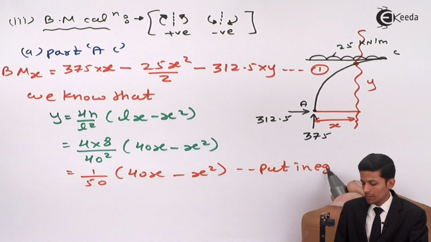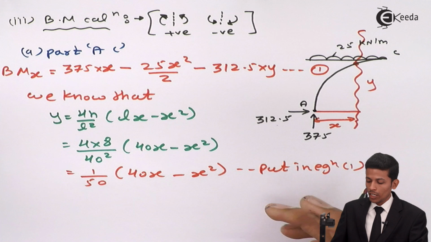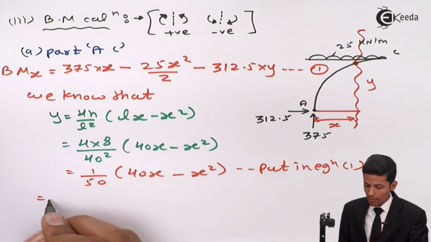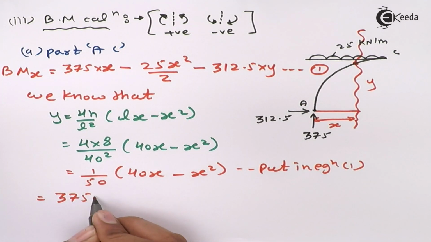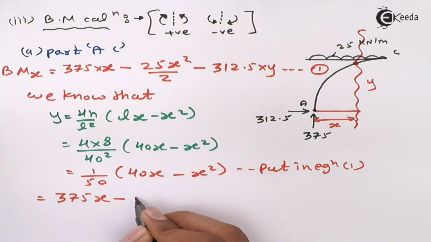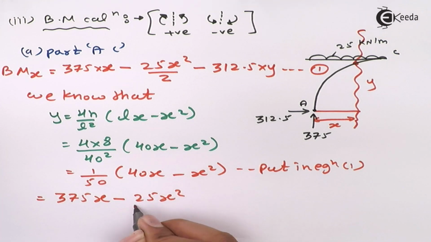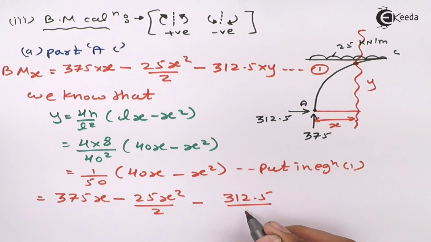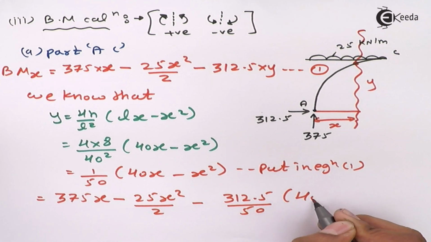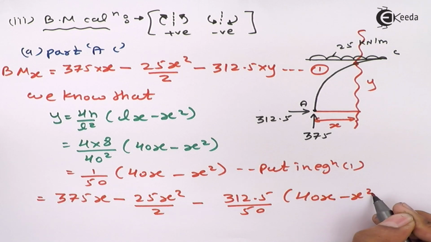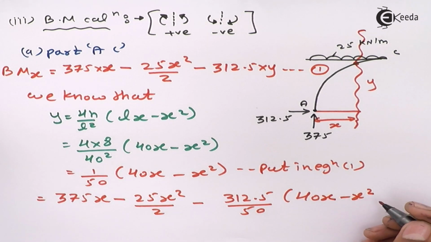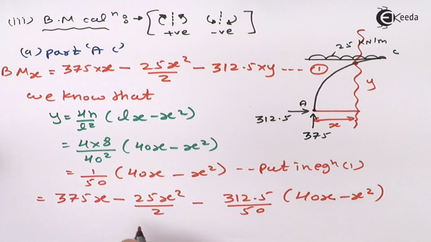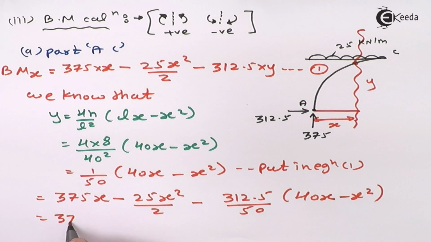Put in equation 1, so we get 375 into x minus 25x square by 2 minus 312.5 divided by 50 into 40x minus x square. Now solve this one like this.